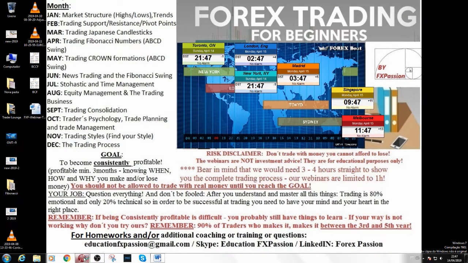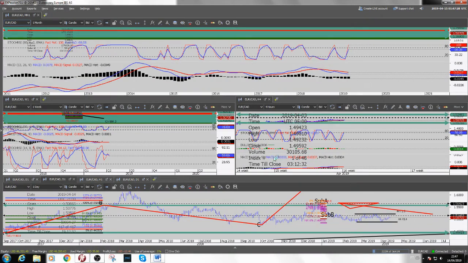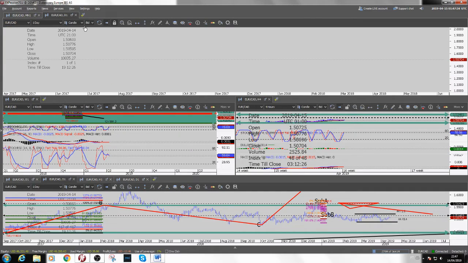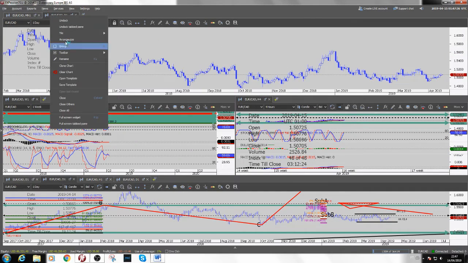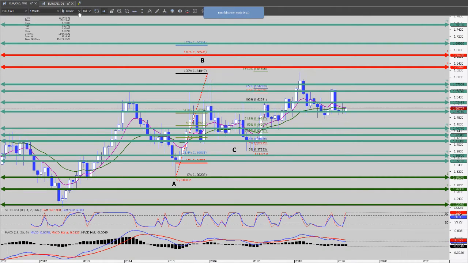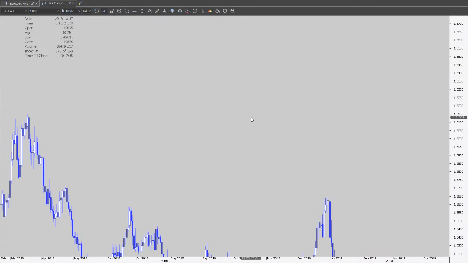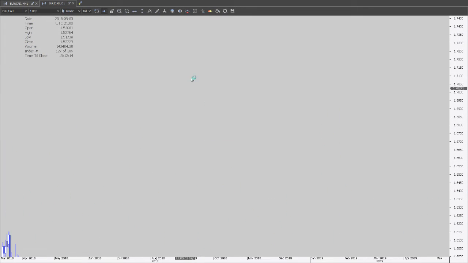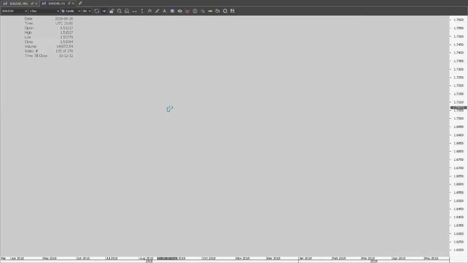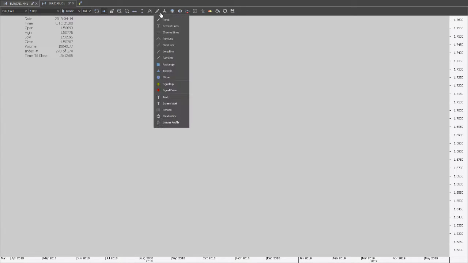So, let's address the 3rd Fibonacci, the so-called Fibonacci of the confirmation, or the confirmation Fibonacci. This is the last one. We learned so far about the original Fibonacci, then we learned about the contrarian, and this is the last one in the series on how to trade the Fibonacci numbers, the confirmation Fibonacci.